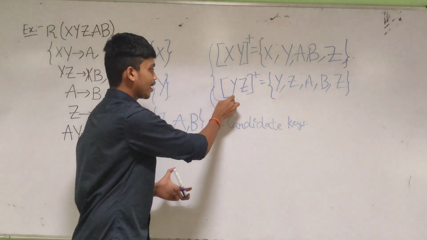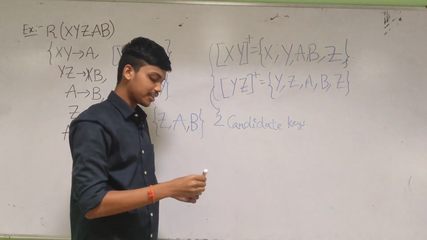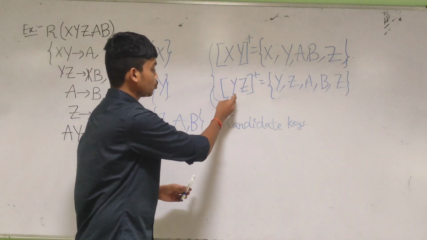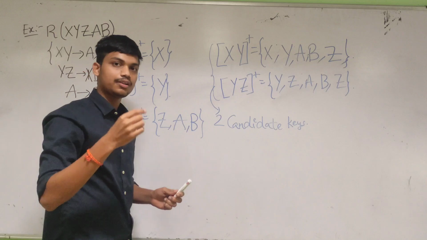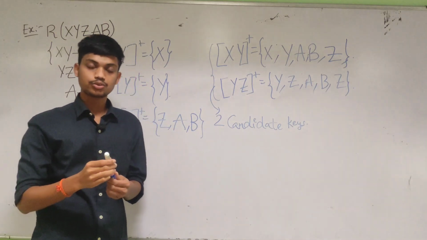So from two candidate keys, if I select any one candidate key to represent this RDBMS table, that candidate key will be the primary key. You can select any candidate key, it's your wish.